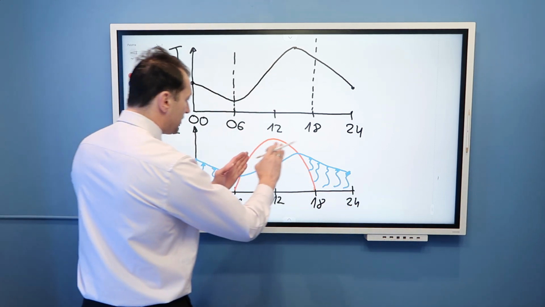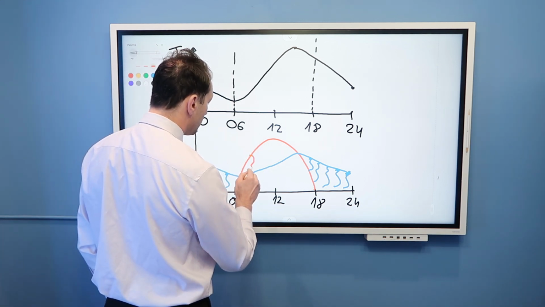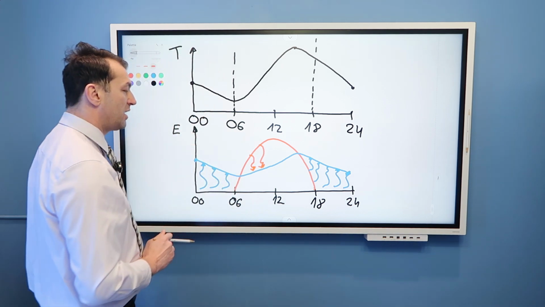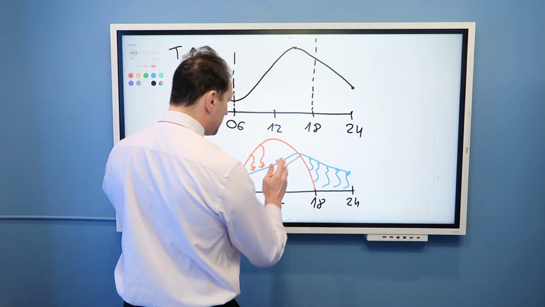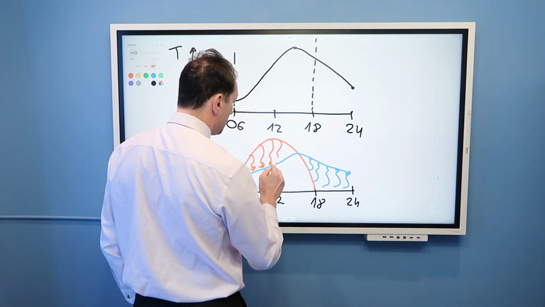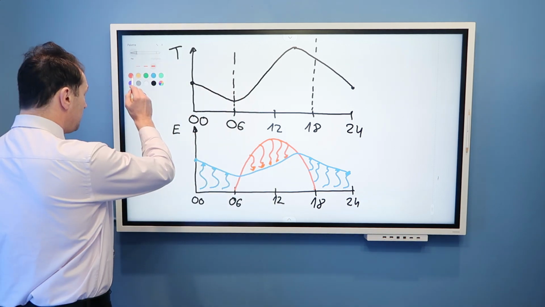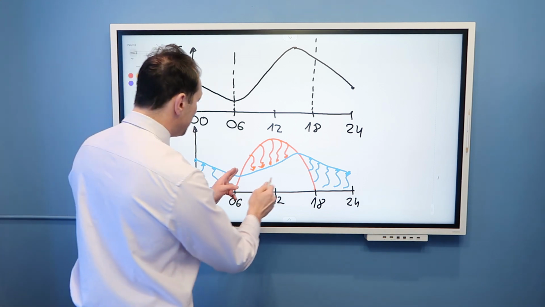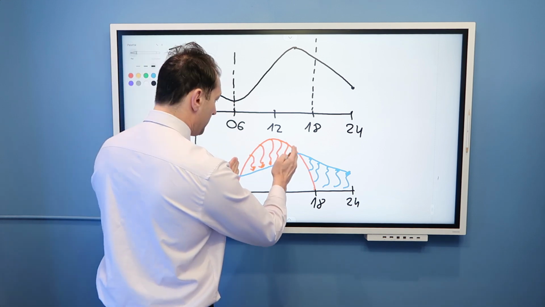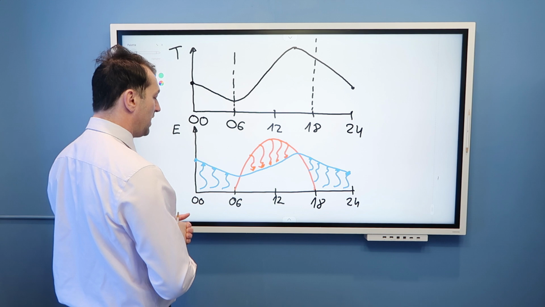However, in this region where the red curve is above blue curve, we have absorption of solar radiation or gaining of energy through short wave solar radiation dominating over the loss of energy through terrestrial long wave radiation. So in other words, we can see that in this period the surface will warm, whereas in this period of blue arrows the surface will start cool down.